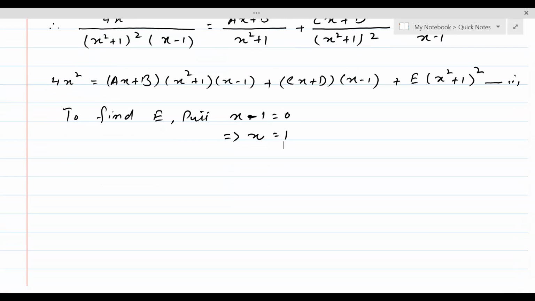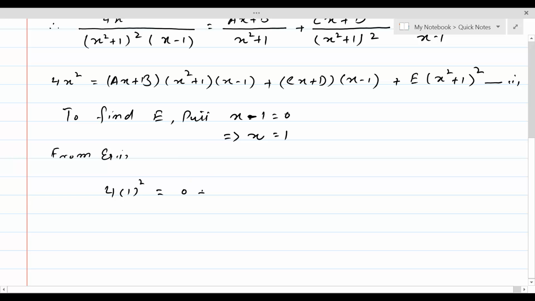So if we substitute this in equation 1, 4 times 1² is equal to, everything else will become 0 because x − 1 is present in the first term and in the second term. So this will be 0 plus e into (1² + 1)².